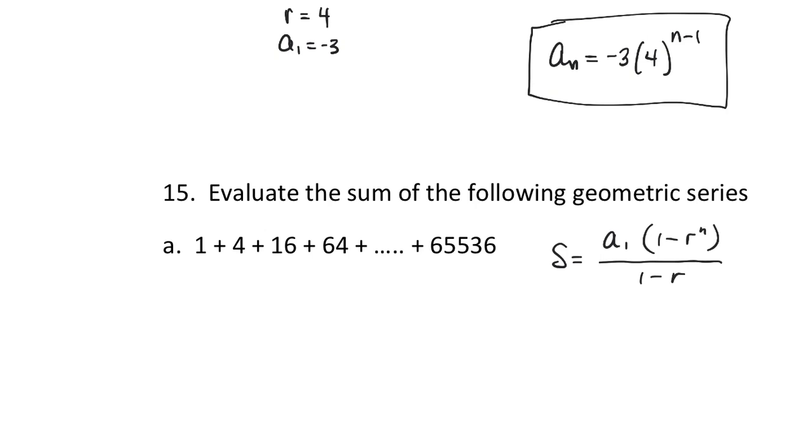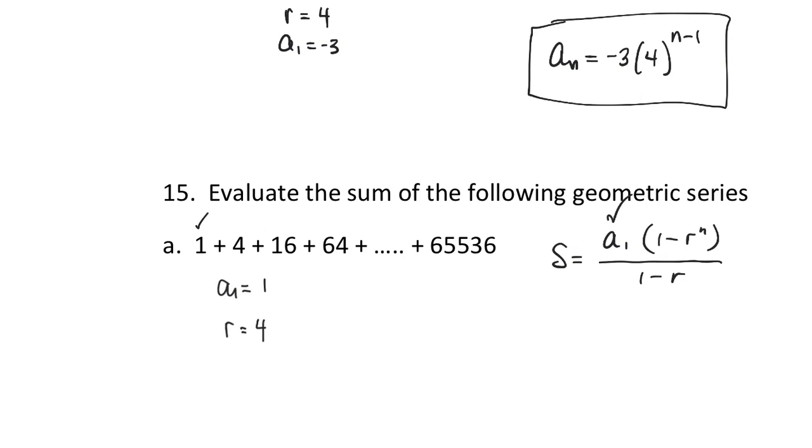So what we need to know here is first term, a sub 1, which we know. We need to know the common ratio. From 1 to 4 to 16 to 64, looks like we're multiplying by 4 every time. So first term a sub 1 is 1, common ratio is 4.